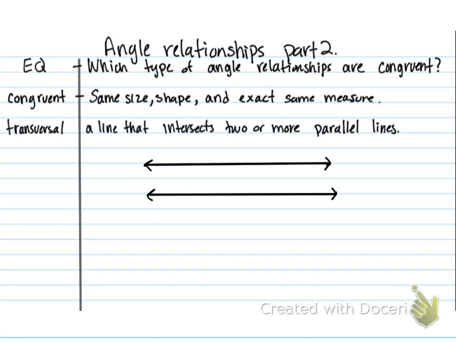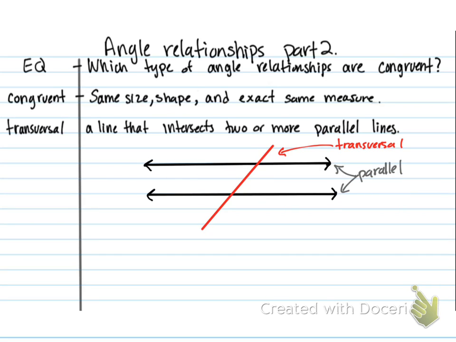A transversal is a line that crosses them, just like that. This red part right here is going to be our transversal. It's a line that crosses two or more parallel lines.